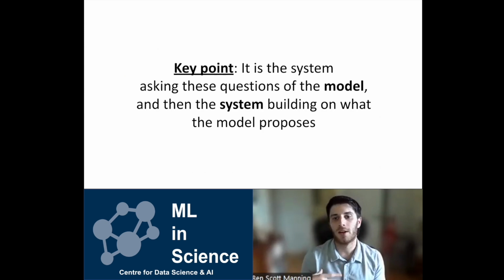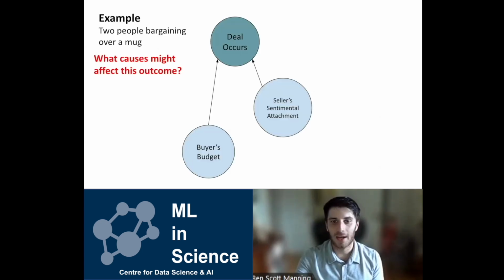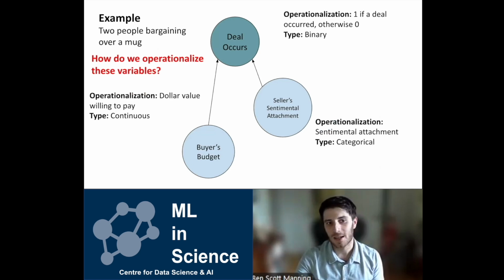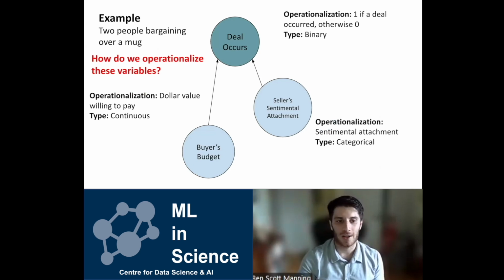And so the key point, what our system does, is it basically asks questions of an LLM iteratively, takes that information and builds hypotheses from it. So after querying what relevant outcomes might be, it then asks itself, what are some causes that might affect this outcome? Here, the buyer's budget or the seller's sentimental attachment to the mug. Next, it might ask, how do we operationalize these variables?